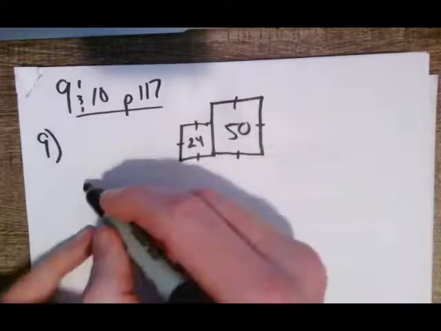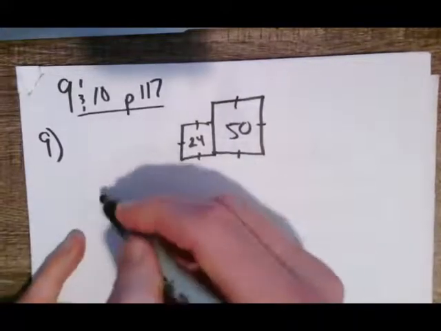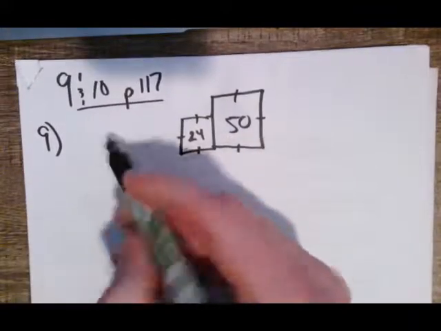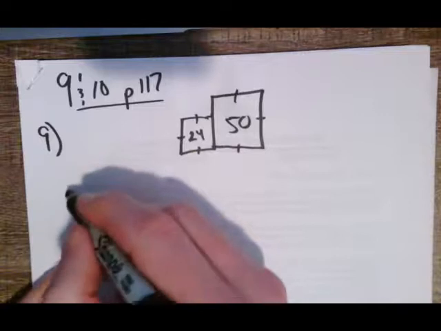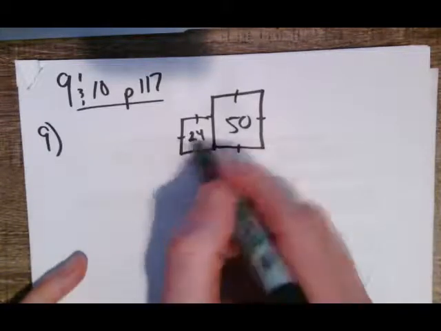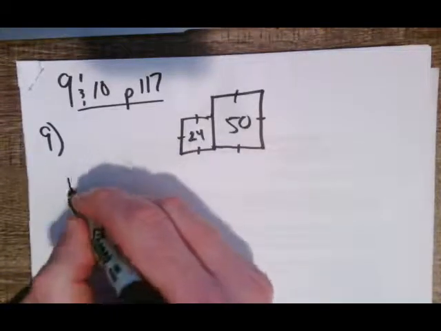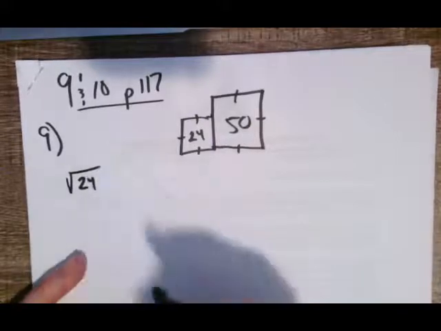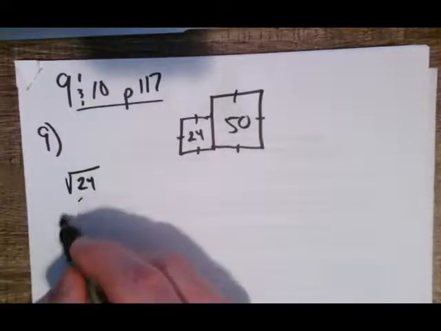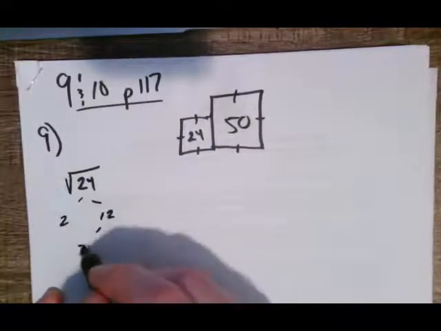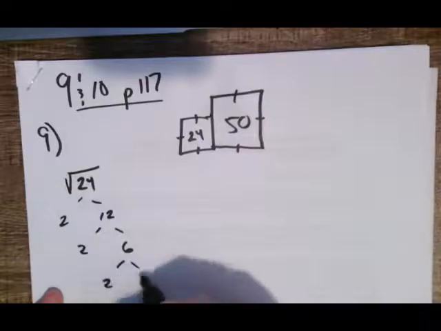The root of 24, and it also says it wants it simplified. So we have the root of 24. Let's just start there. 24 is 2 times 12, 2 times 6, 2 times 3.